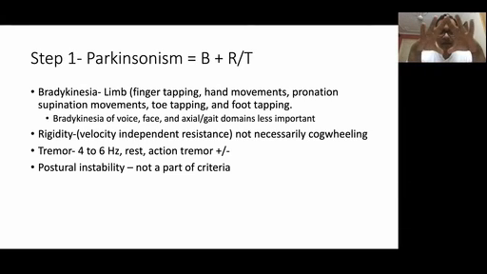That's the crux of the problem, and the must requirement is bradykinesia, and bradykinesia with either rigidity or tremor is enough to say Parkinsonism, not Parkinson's disease, Parkinsonism. So we have learned how to diagnose bradykinesia. We learned how to diagnose tremor and rigidity. Earlier diagnostic criteria had postural instability also as a part, but now it's been removed completely.